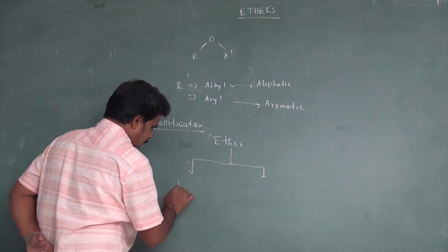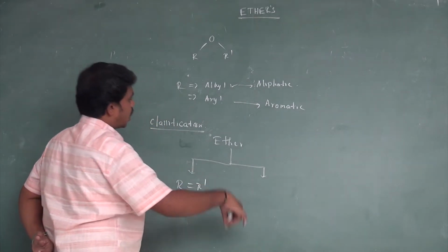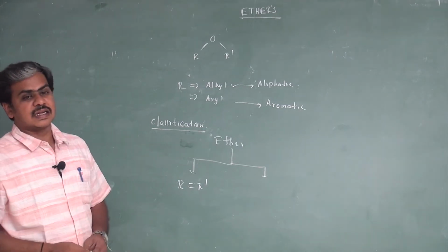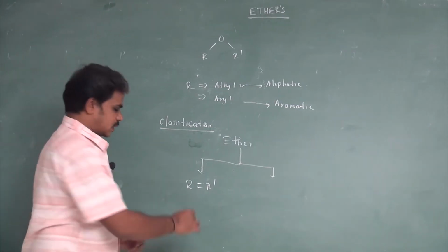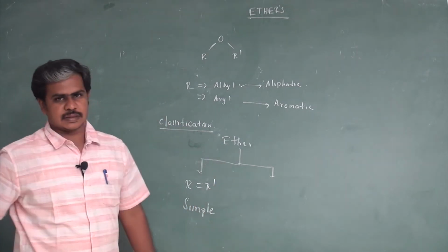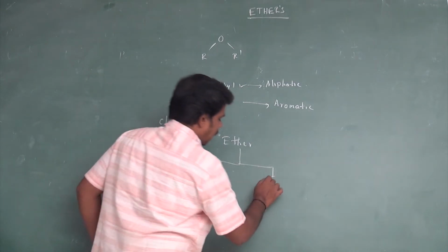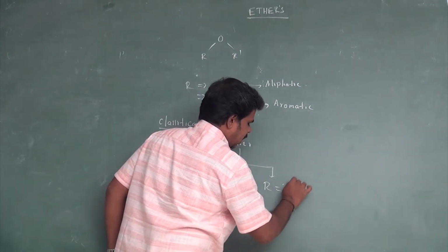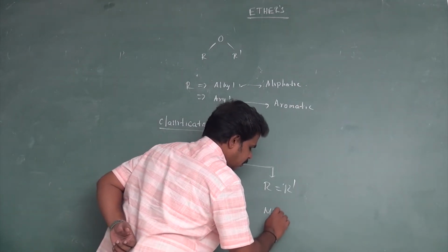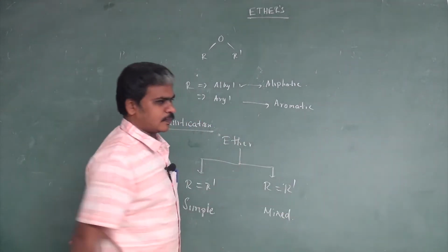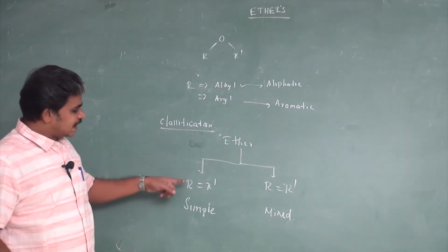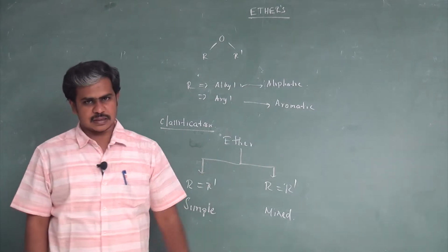The first one, R is equal to R dash, then it is considered as a simple ether. If R is not equal to R dash, then it is considered as a mixed ether. So depending upon the R group, we may call them simple ethers and mixed ethers.